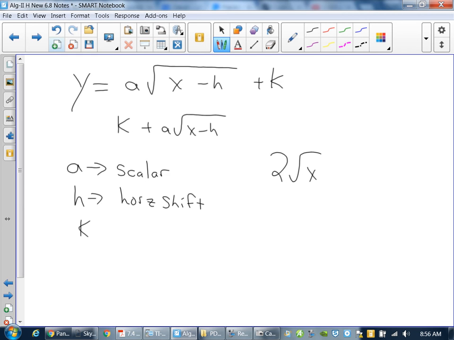When you went through, we had those values of 0, 1, 4, and 9. If x is 0, it's 2 times 0, which is 0. If x is 1, it's going to become 2. If it's 4, it's going to become 4. If it's 9, it's going to become 6. It's kind of like it increases the rate.